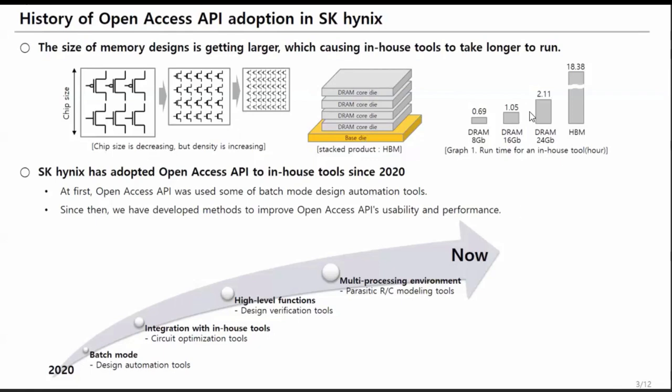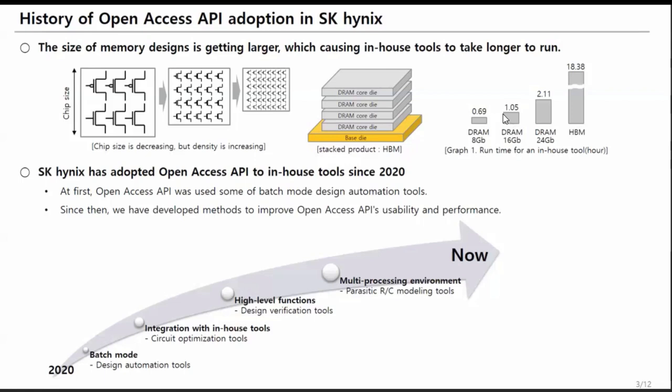Graph 1 shows the runtime trend of an in-house tool for static ERC according to the density of DRAM. When the design was at the 8 gigabit level, the runtime was less than 1 hour.